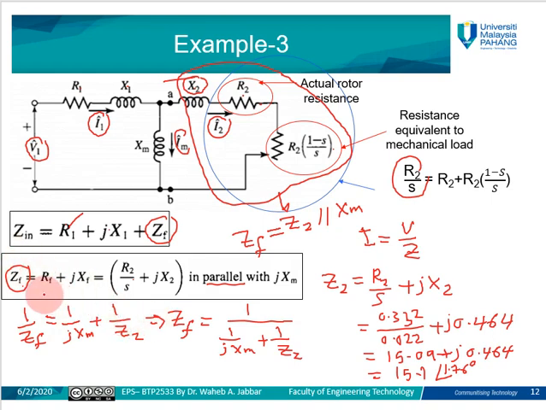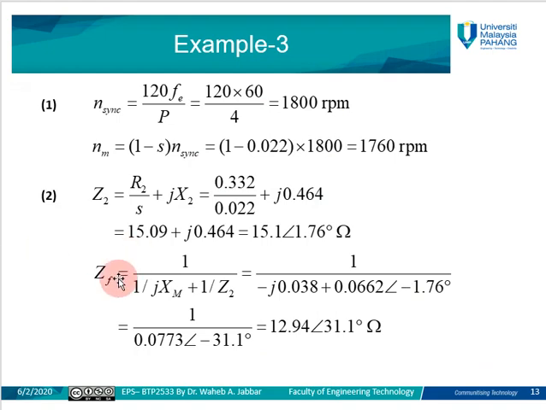After you find the value of ZF, you can see here in the slide. This is the value of ZF equal to 1 over jXM plus 1 over Z2. We substitute for the value of jXM. The j in the denominator has become negative j in the numerator, so it becomes negative j 0.038 plus this.